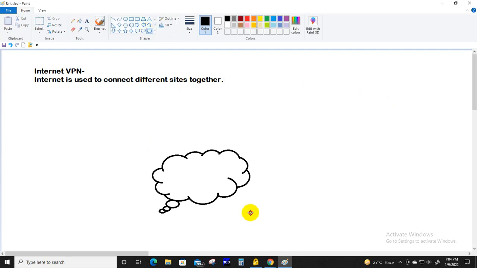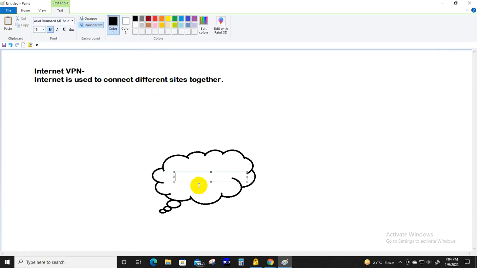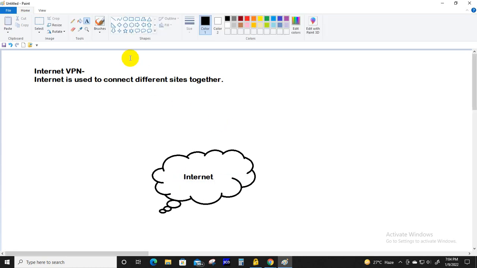Suppose this is internet. You have a head office in Kolkata, and you have some branches in different cities in India.